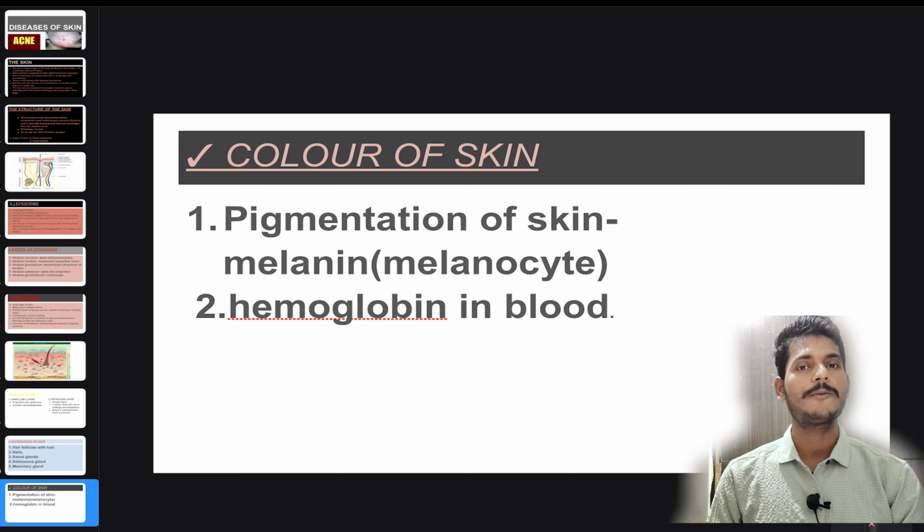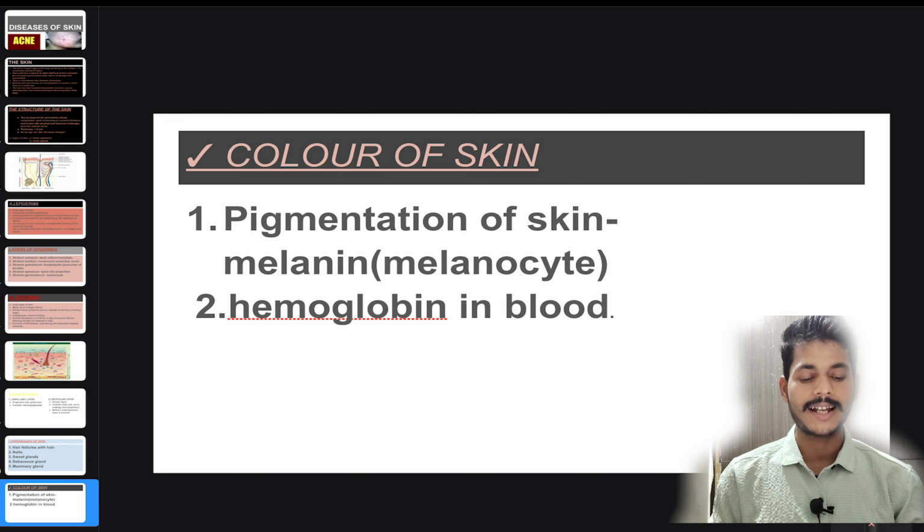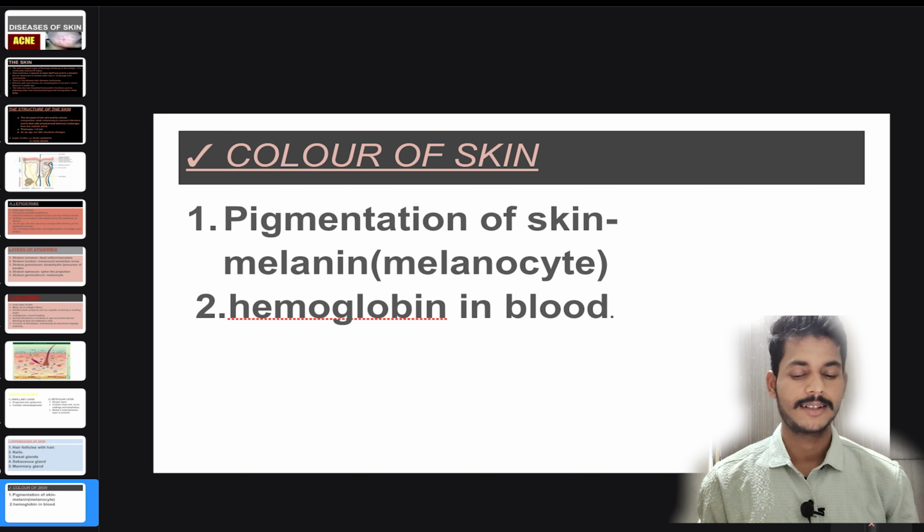So remember, the color of skin is understood by two things. The first is melanin, which is secreted by the melanocyte, and another is the hemoglobin in the blood, because hemoglobin has color.